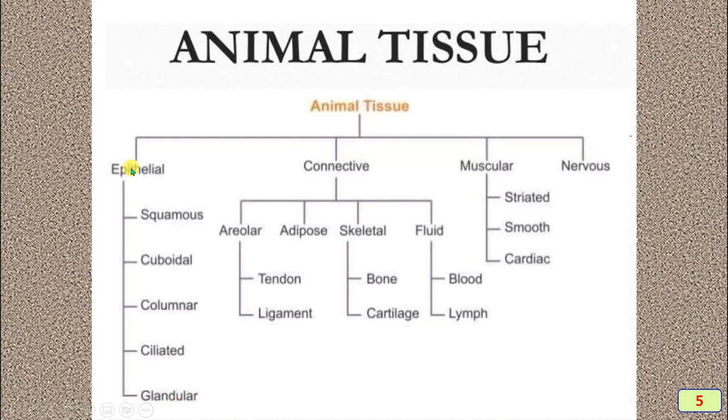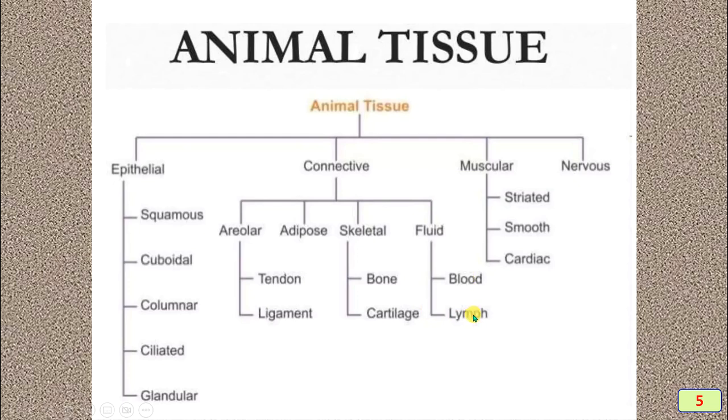These are all the epithelial tissues which adhere to either the mucous membrane or the skin. The connective tissue is classified into areolar tissues like tendon and ligament, adipose tissues, then the skeletal connective tissues, bone and cartilage. There are also fluid tissues like blood and lymph.